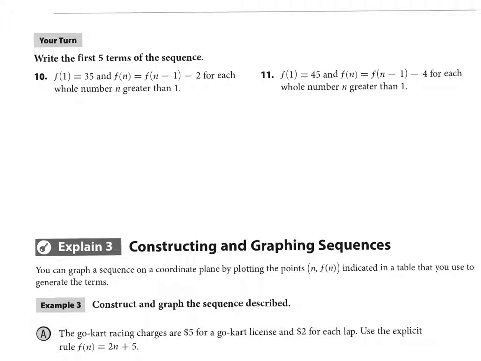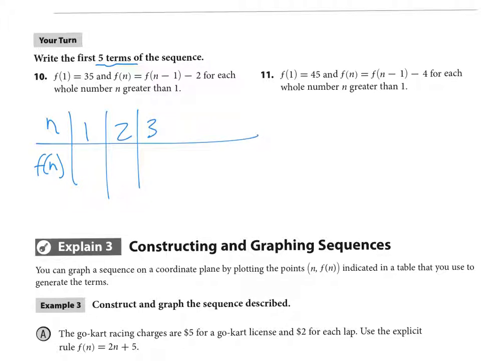So I'm going to do number 10 with you, and then I'm going to let you try number 11 by yourself. The first thing you need to do, it says find the first 5 terms. Now you can make a table if you want to, like we did before: 1, 2, 3, 4, 5. Again, you cannot do this using the calculator because you don't have an explicit equation.